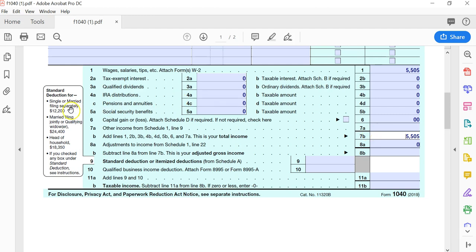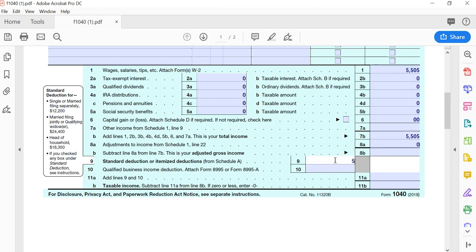So we are going to take what's considered the standard deduction for someone who is married, which is 12,000. That does not apply to us only because he is a dependent. So we're actually going to add 350 to 5,505 for line 9.